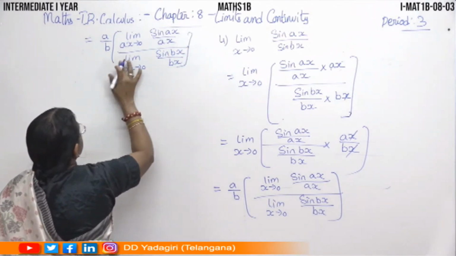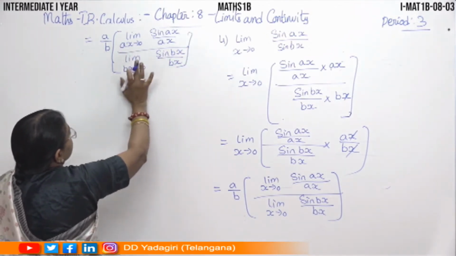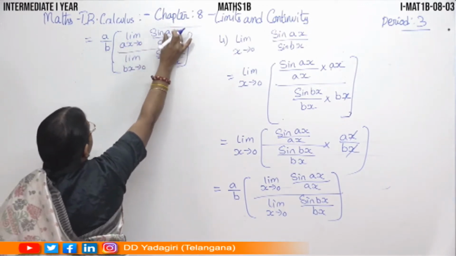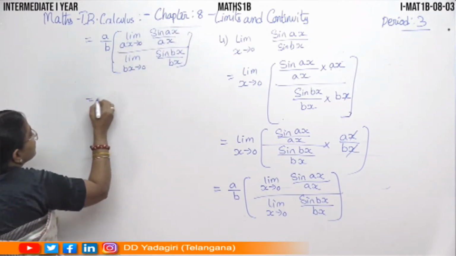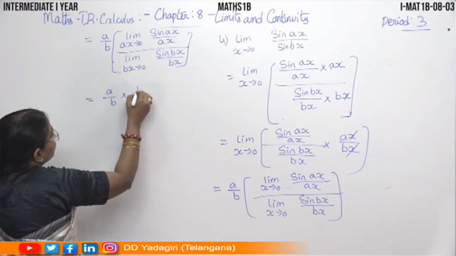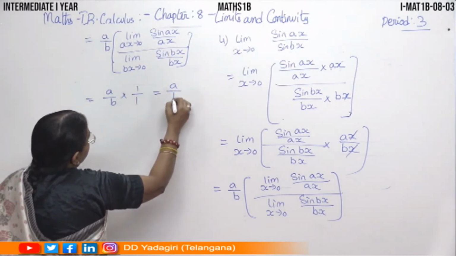Now all are in the standard form. So it is a by b into 1 by 1, that is a by b.